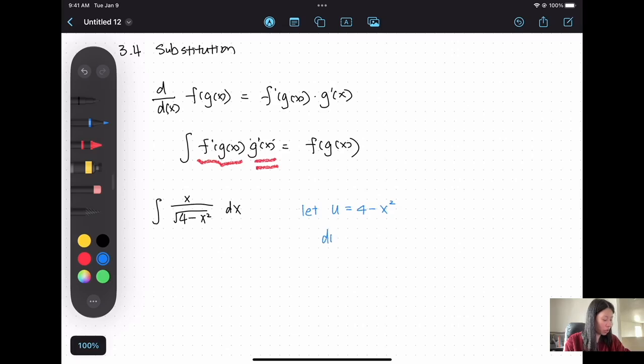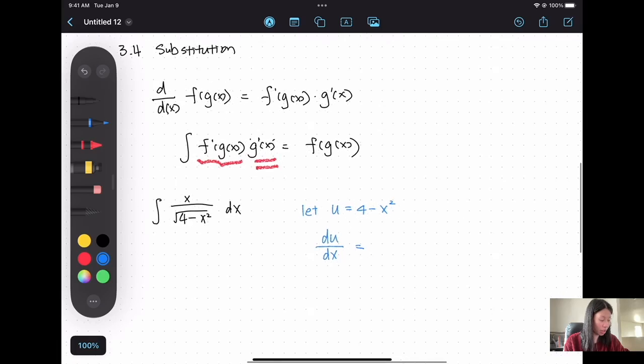When I take the derivative of u, that means I take the derivative with respect to x. So the right side of the function is 4 minus x squared and its derivative. So that means du over dx is equal to negative 2x. Okay, so that's very close.